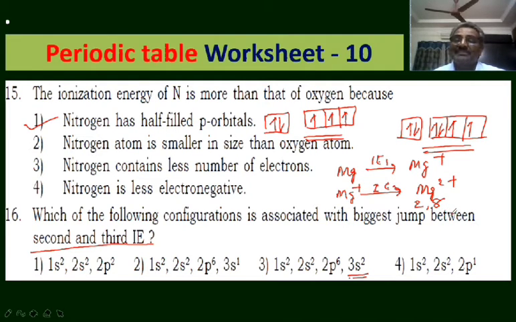Because of that, the removal of one more electron from the atom possessing 8 electrons in the valence shell is very difficult. That means third ionization energy is very high when compared to the second ionization energy. So there will be a biggest jump between second ionization energy and third ionization energy. So the correct option is the third option.